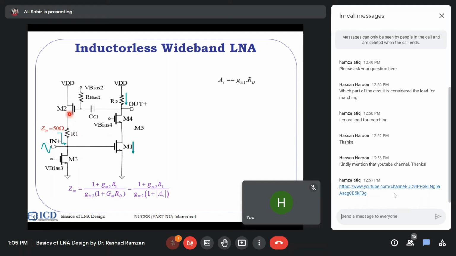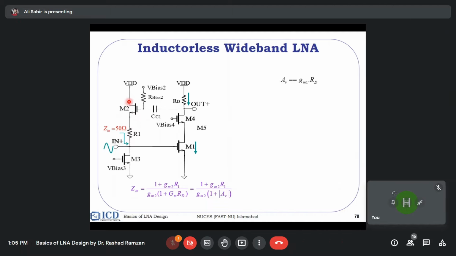And when you look from this side, from the R1 side, what will be the impedance here? 1 over GM plus R1. So we have selected R1 and 1 over GM of this M2 in such a way that we get a 50 ohm here. And what is this M3 doing? Just biasing. This M3 is biasing this M2 in common gate configuration.